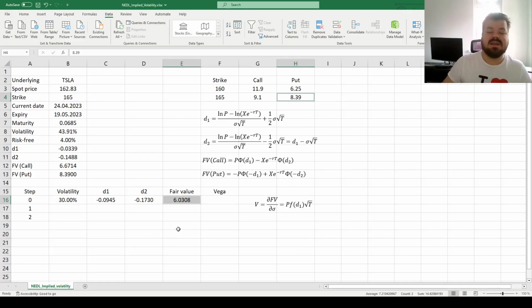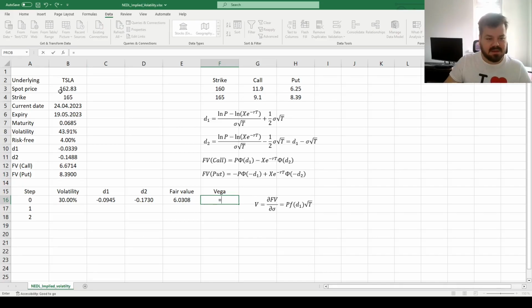We need to figure out how sensitive this fair value is to a change in implied volatility, and figure out by how much we need to increase this volatility in the next iteration. For that, we need the vega calculation, and that is quite easy to do. Spot price locked times the standard normal distribution of D1, and here we need to input 0 for probability density, so not cumulative, and times the square root of maturity locked.